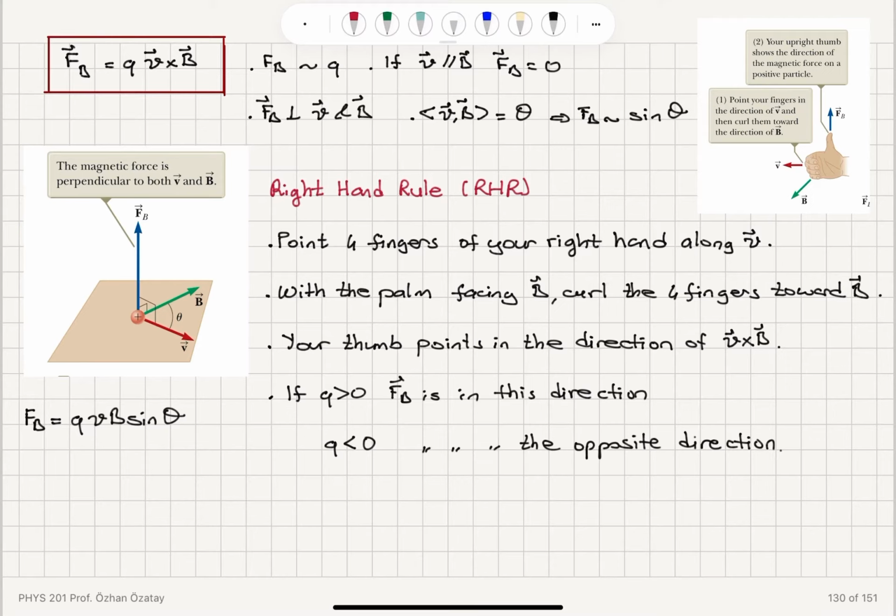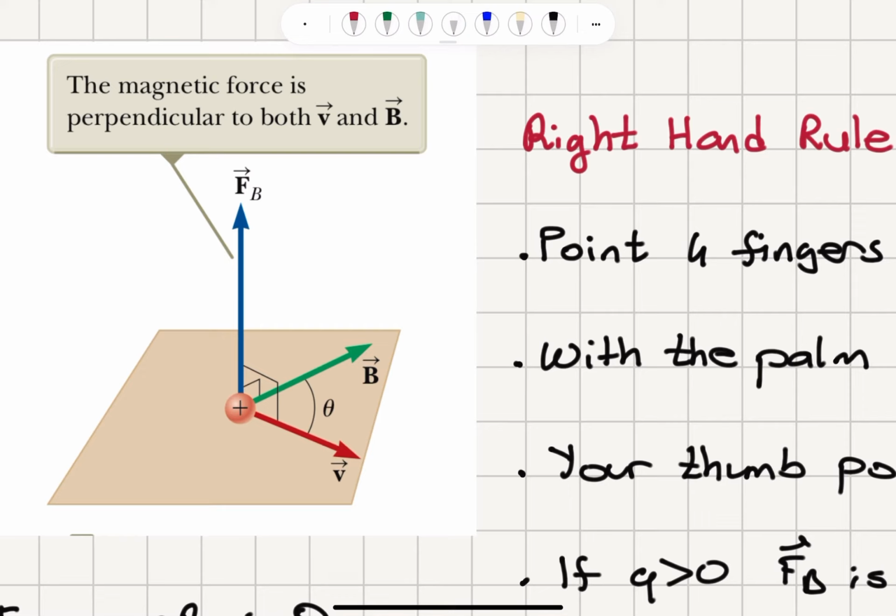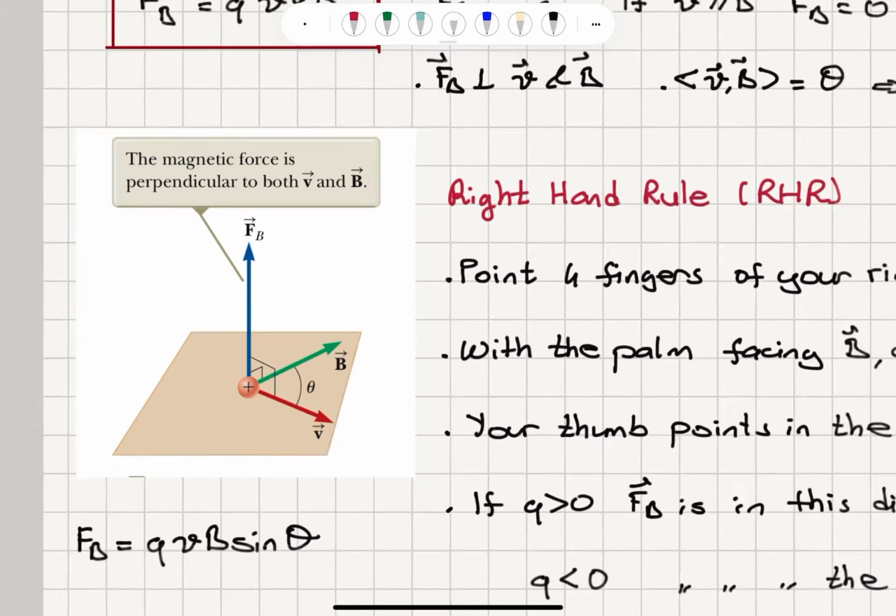Now, this is based on a positive charge q here. So the direction that we determine is for a positive charge. If there's a negative charge here, q is negative, then we still use the right-hand rule to find the direction of force, but the force points in the opposite direction.